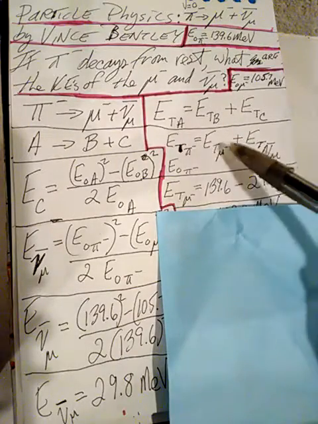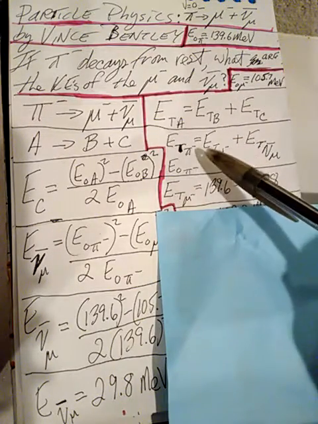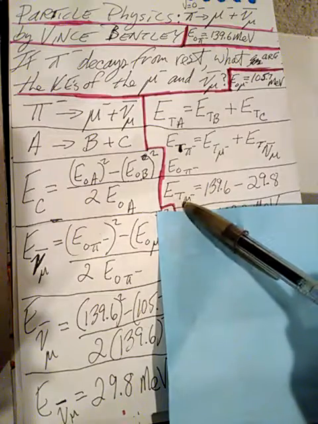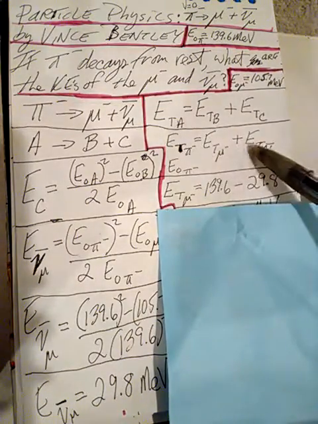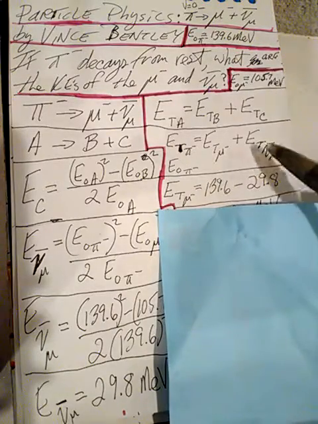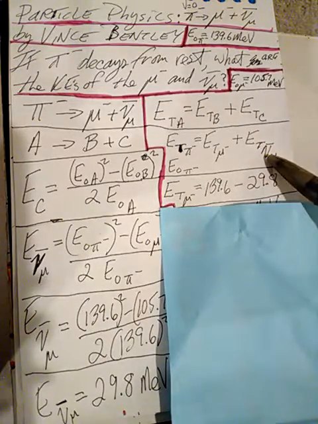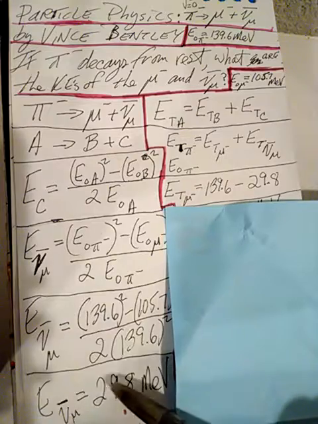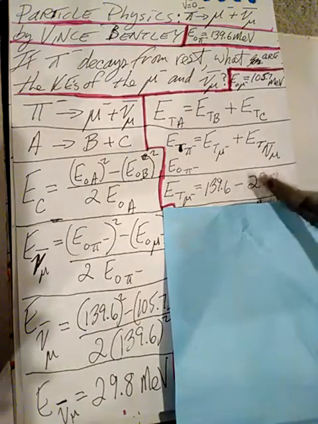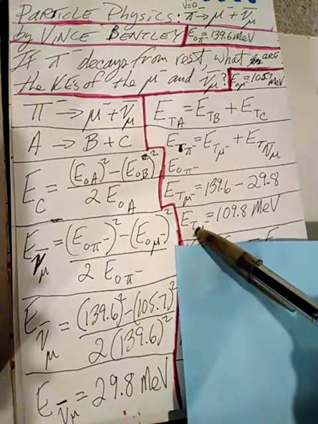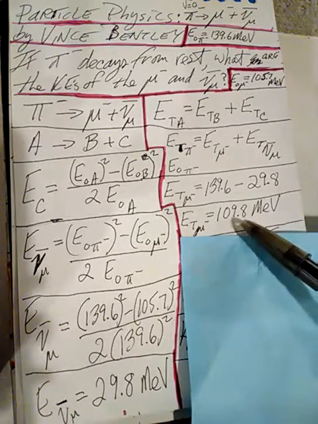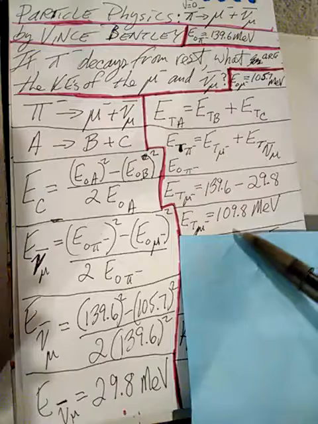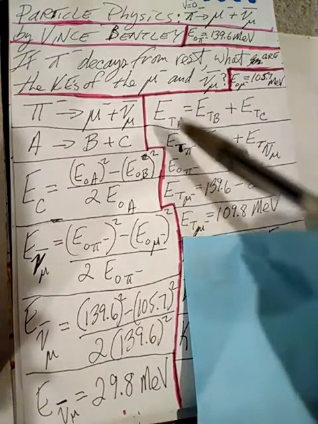If we do some algebra, we'll solve for the total energy of the mu meson, and that'll be this minus this, algebraically. We know the total energy of the antineutrino for the muon is right here, 29.8, and we plug that in. We get the total energy of the mu meson is 109.8 MeV.